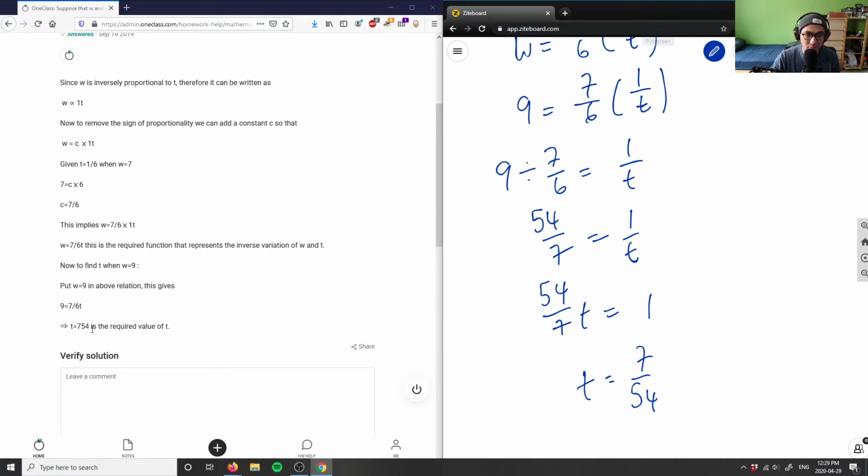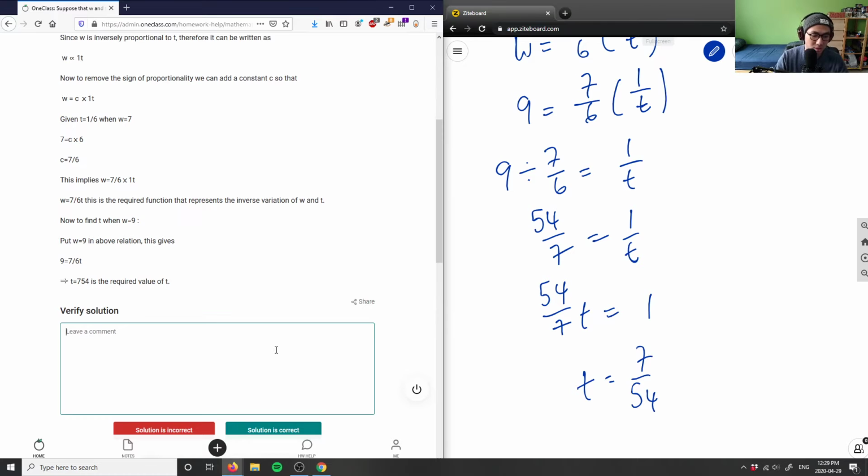I believe they missed the fraction here. T equals 7 over 54 here is my correct answer. So the solution here is correct. T here equals 7 over 54. Missing the fraction sign on the answer here. So this solution here is correct.